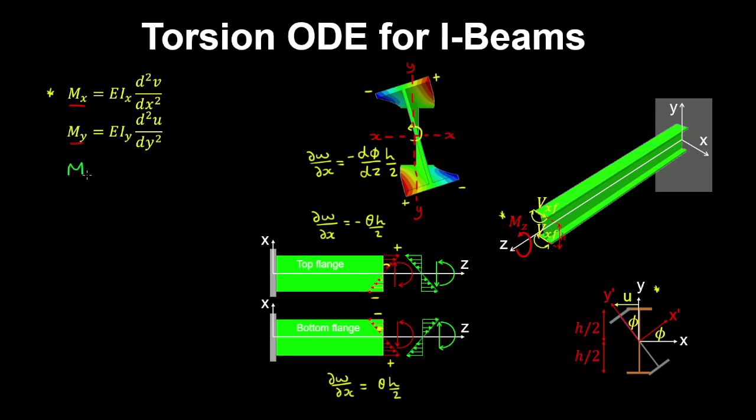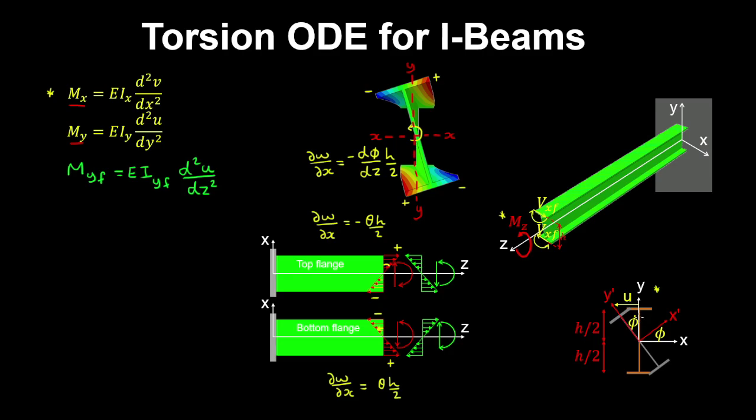So therefore the bending moment in one of the flanges is equal to the Young's modulus by the second moment of area about the minor axes of one of the flanges, and that's multiplied by the curvature. So in this case, we have the curvature being a second order derivative with respect to z, being the direction of the axis of the beam.